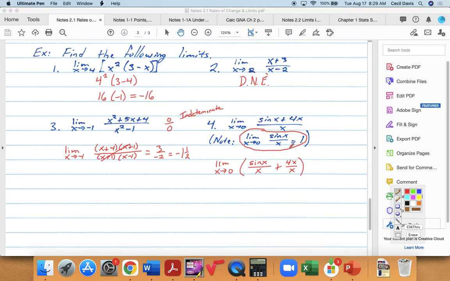This first part, I've been given what that is. What can I do with this second part? Get rid of the x, or divide out the x. Yeah, divide out the x's. Again, legal because this is a limit. So this is going to be 1 plus 4 is 5.